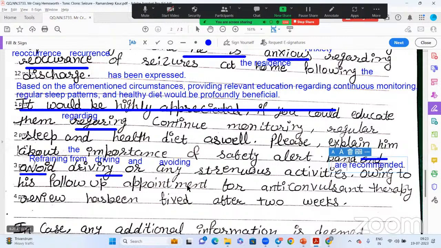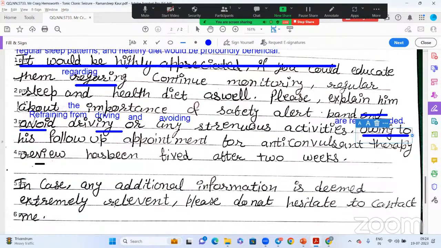Okay, owing to his follow-up appointment for therapy review has been fixed. Okay, full stop.